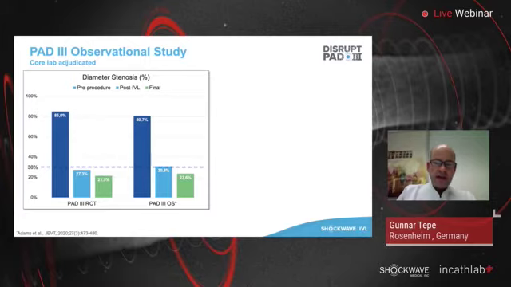But what we can nicely see here is that the result post-IVL really is comparable to the result of PAD3 and the randomized trial. And of course, after IVL was done, some patients received DCBs or something else, so the residual stenosis even decreased, which is the green column.